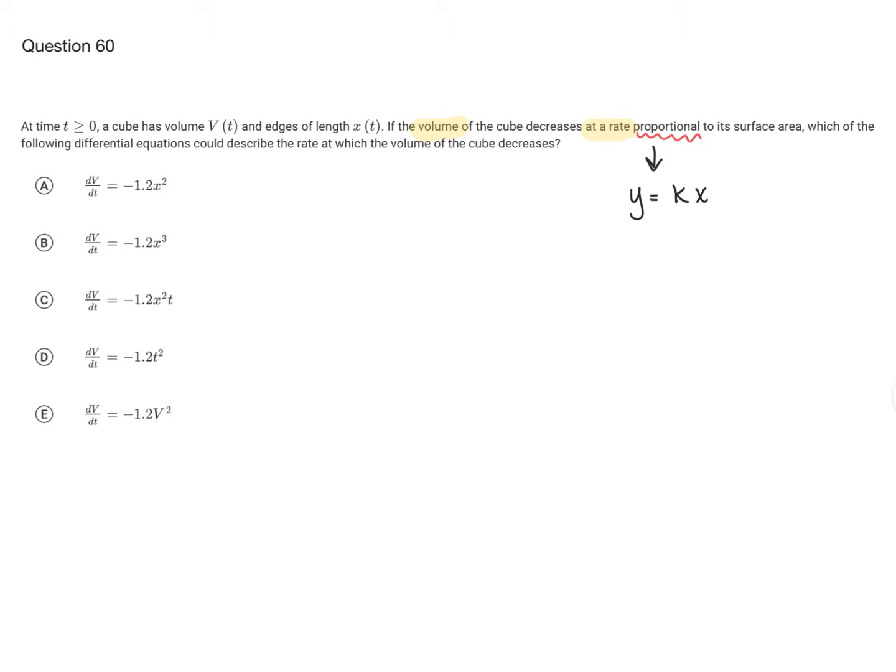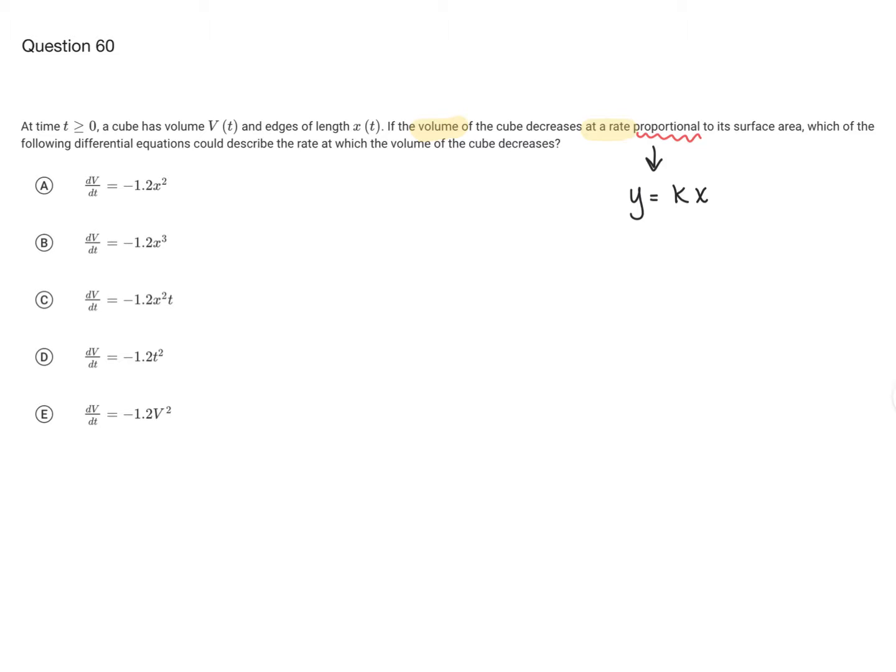So this is an example of y being proportional to x. They're related by that constant, what we call a constant of proportionality, that k value. Now, let's put it to the words this talks about: it being proportional to its surface area.